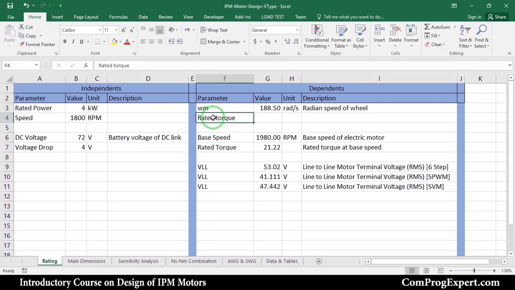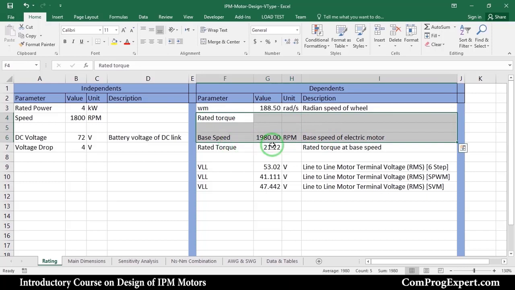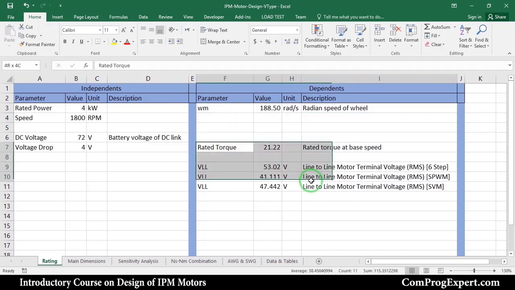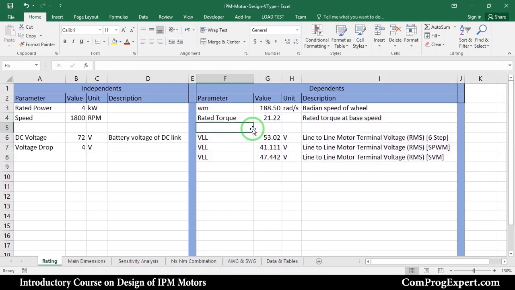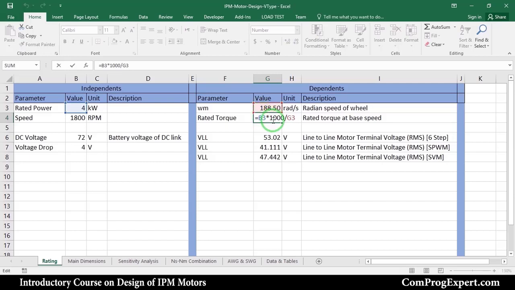This is just a calculator. I calculated rated torque there, so let me delete this one and paste it here. Yes, this is output power times 1000, because the unit of rated power is kilowatt, and we need to convert it to watts. So the rated torque is equal to 21.22 Newton meters.